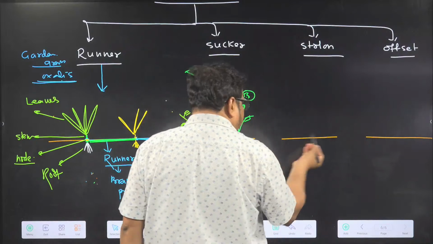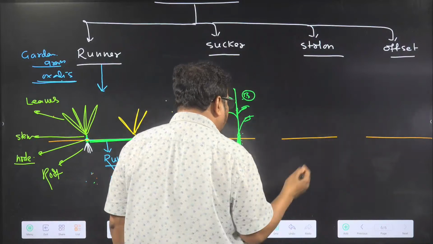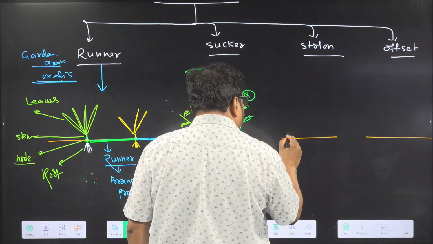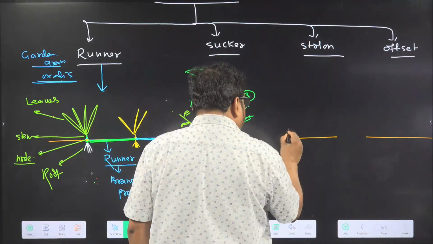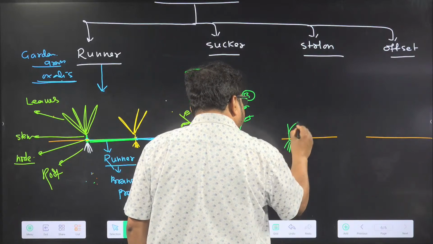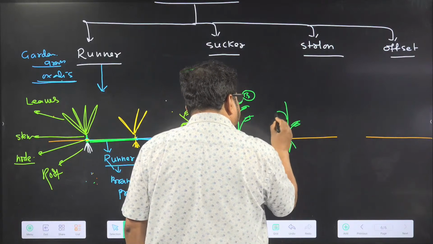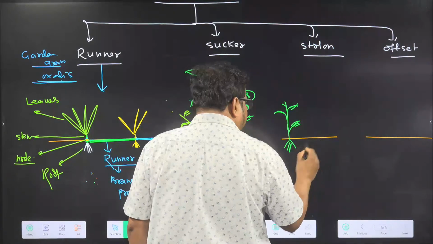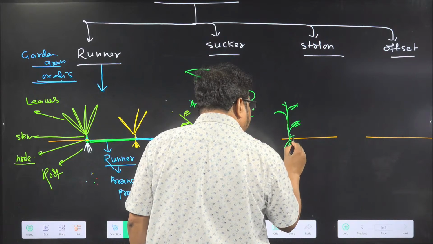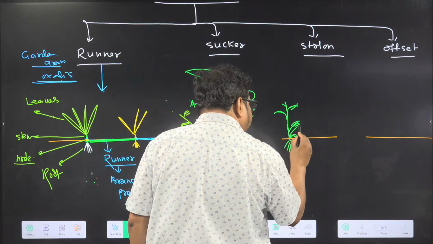Then in 1 minute, it will not take much more time, 1-2 minutes more. Please have patience. So now I am going to talk about a stolon. In a stolon, what are we finding? Here it is root, here it is stem, here it is leaves. Getting the things? Now from there, who is arising? A branch is arising.